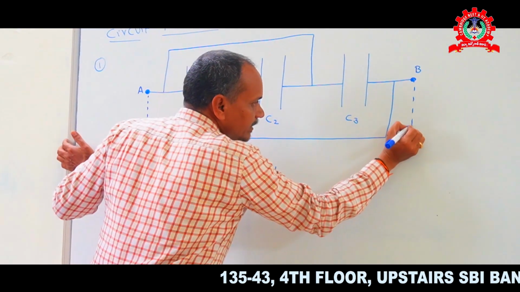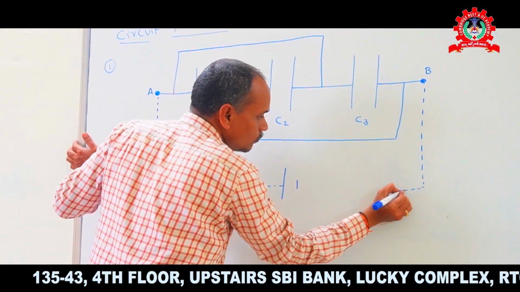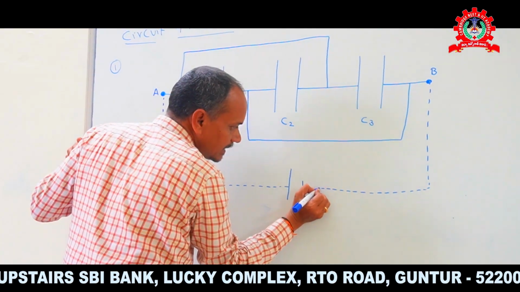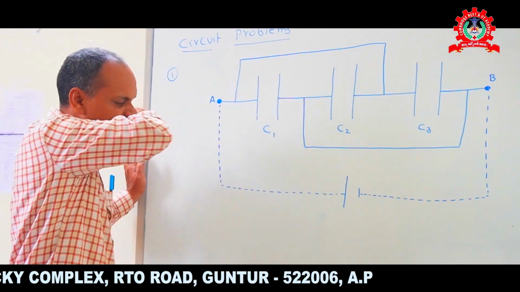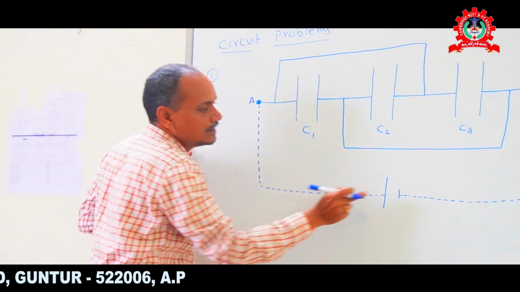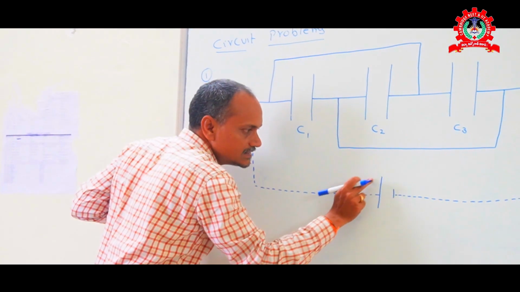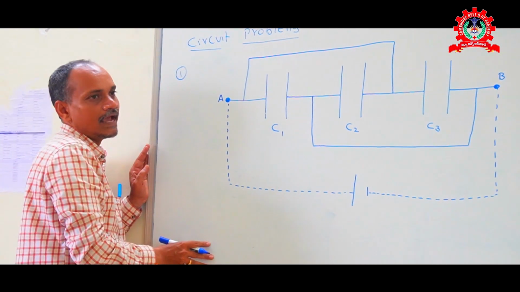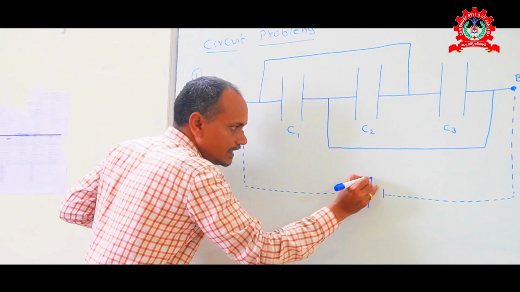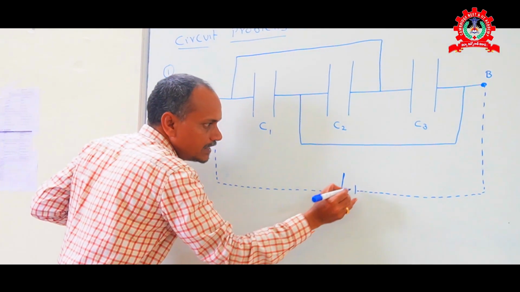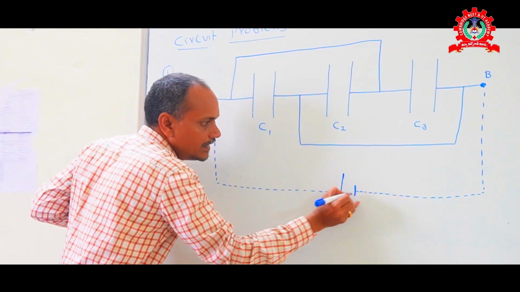At the points where we want to calculate the equivalent capacitance, let us imagine a cell or battery. Let this be the positive terminal of the cell and this the negative terminal.